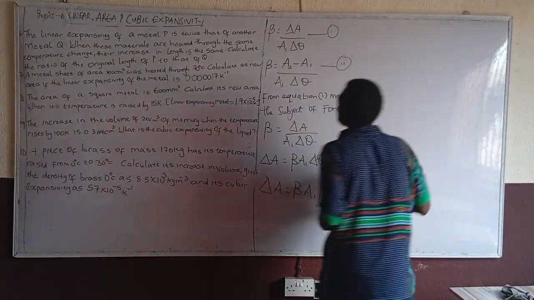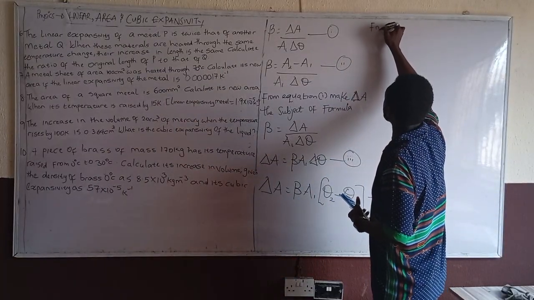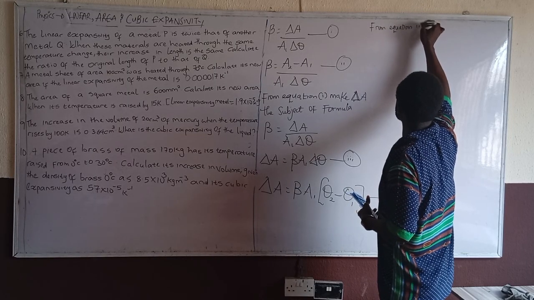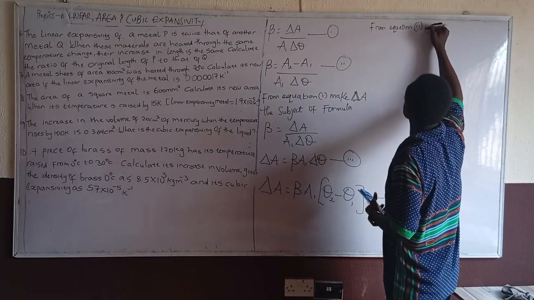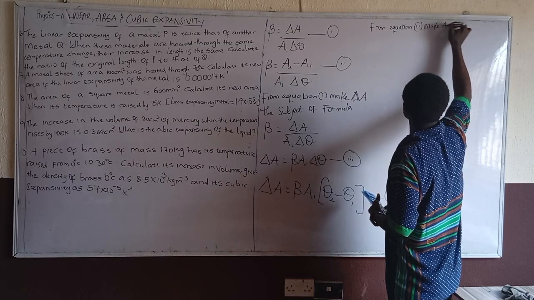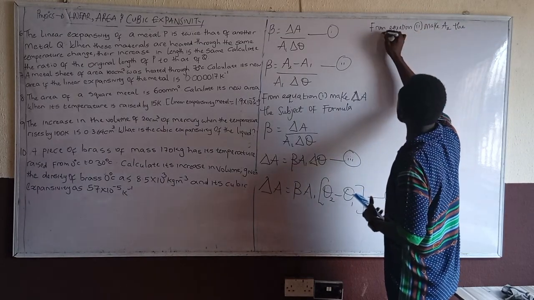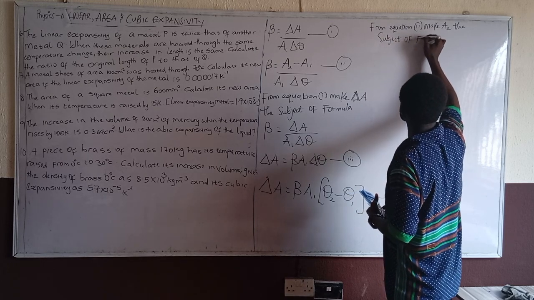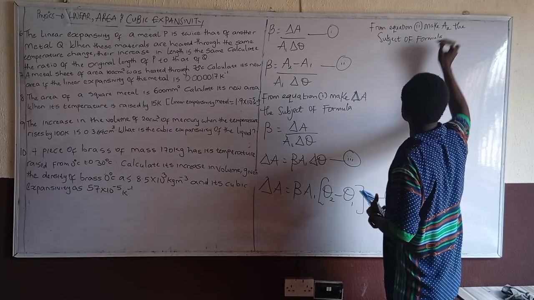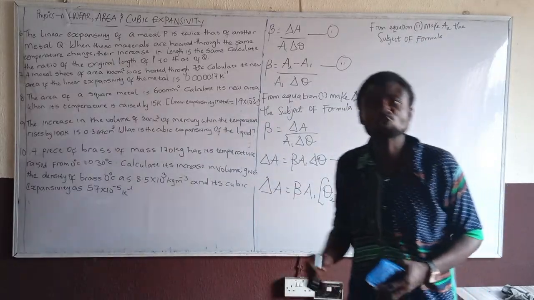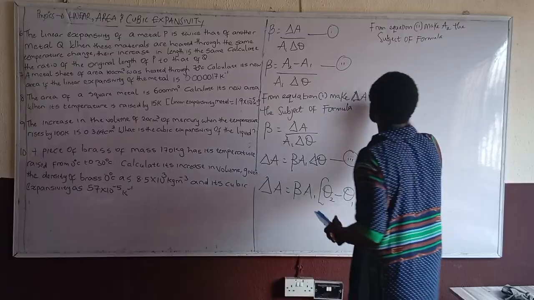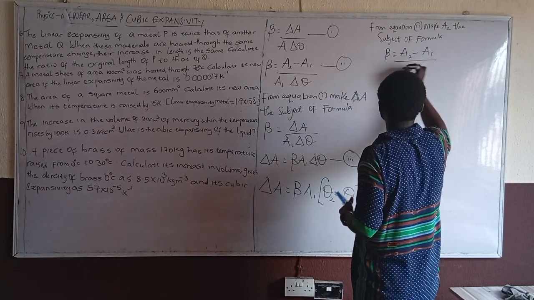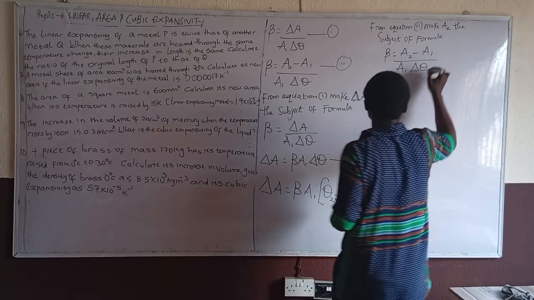So from there, I'll say from equation 2, make A2 the subject of formula. So here beta equals A2 minus A1 over A1 delta theta.